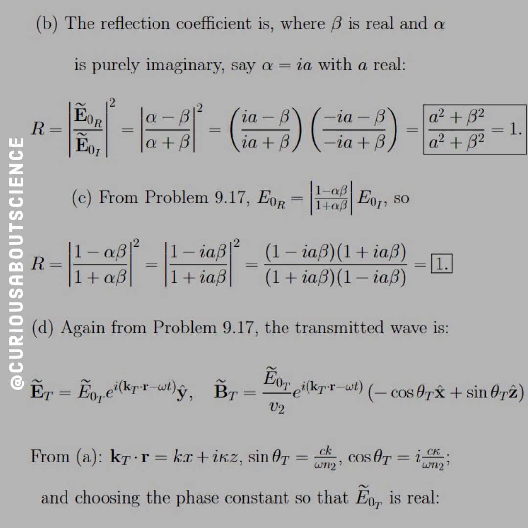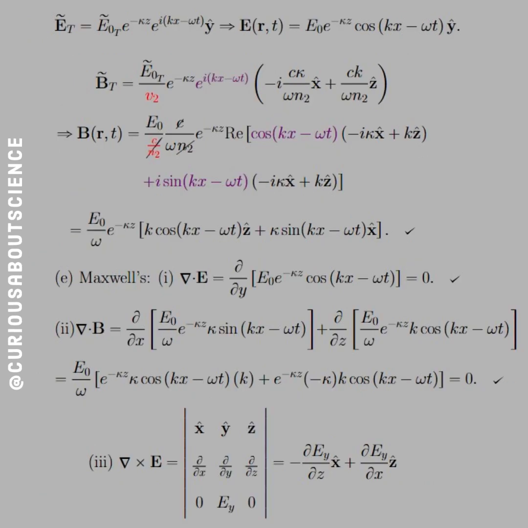And choosing the phase constant so that tilde E naught t is real, we see here that we plug everything through, and thus we're left with the electric field is equal to E naught, e to the negative kappa z, cosine of kx minus omega t in the y hat. Again, we're just picking everything to be real, since that's what we're curious about.